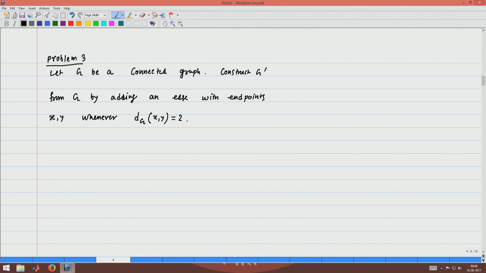Okay. So, this is how you construct G prime from G, then you prove that G prime is two connected.